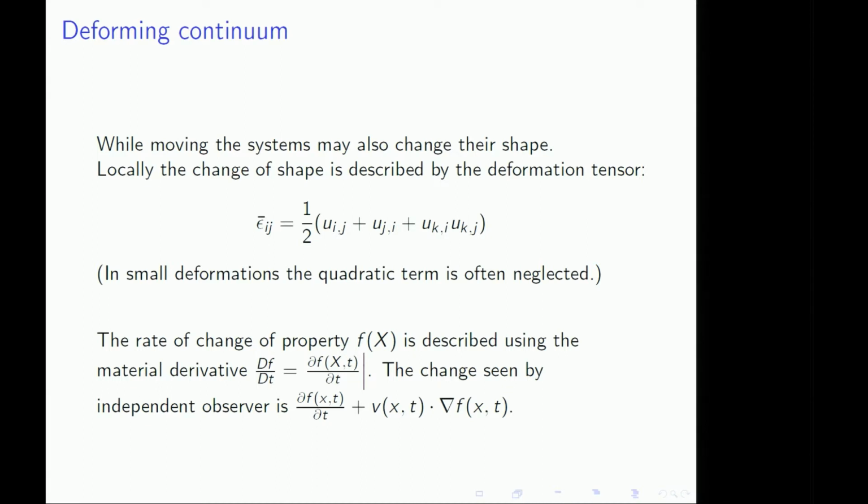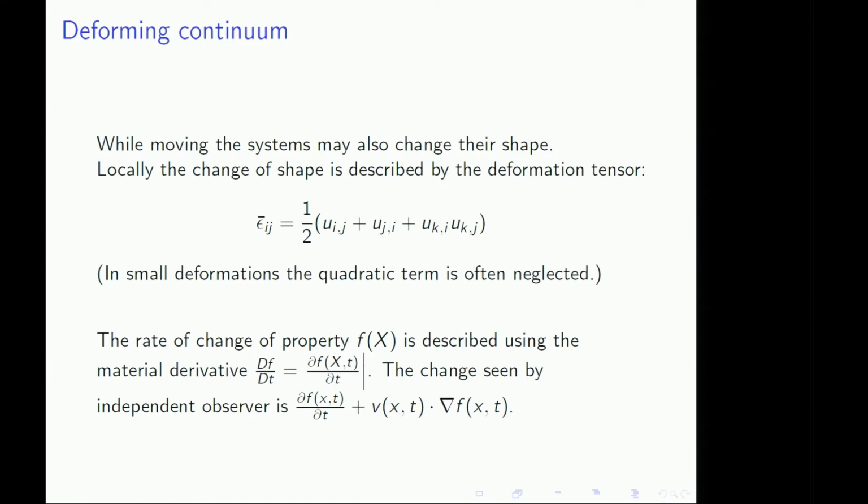If you look at the situation as an independent observer in the laboratory, we will see a different change. We will see a change that appears in a certain position, but it has two components.